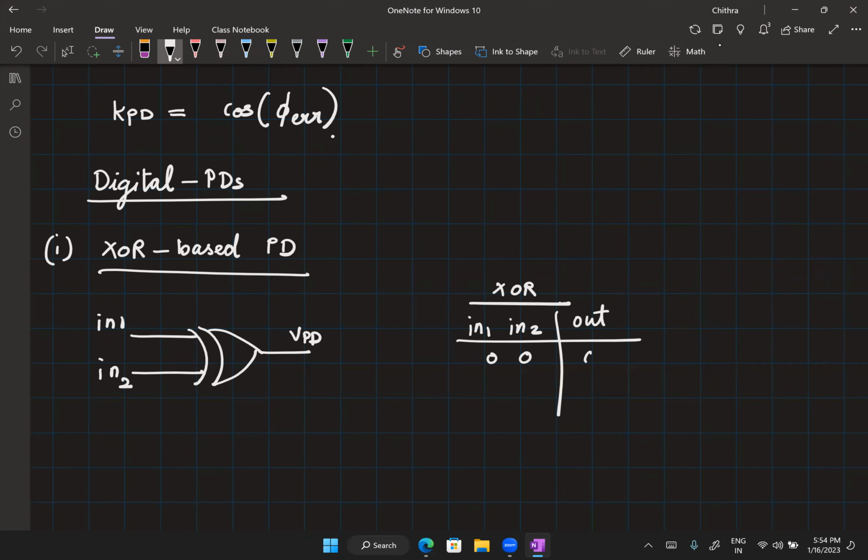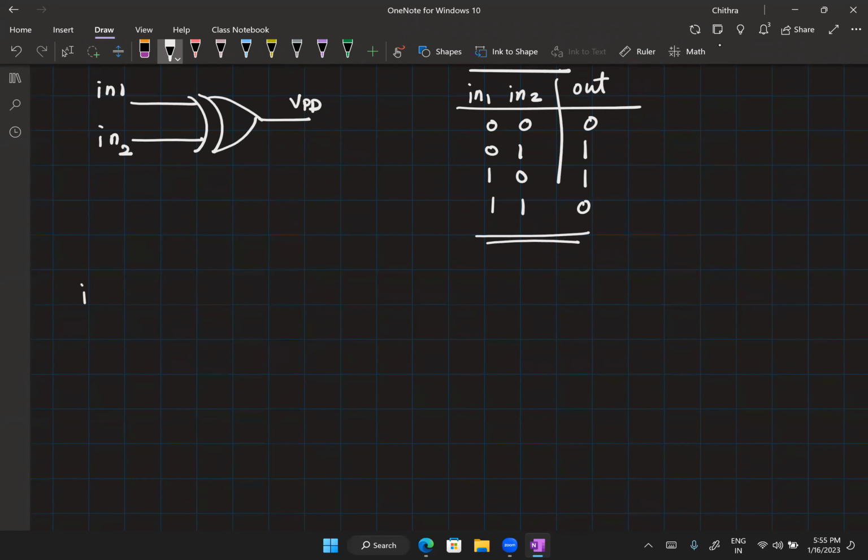0, 0. Yeah. 0, 1, 1, 1, 0, 1, 1, 1, 0. Okay. So I'll give you an in1 and in2 waveform to plot. You can plot the VPD.